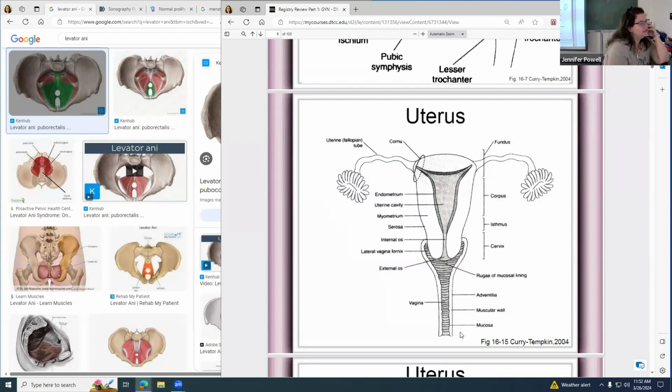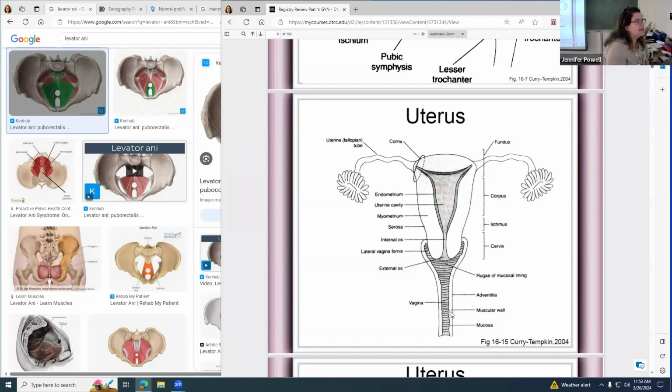So the parts of the vagina, the most inner part is the mucosa. Then you've got that lining. That inner lining is the mucosa, which makes sense because that's where mucus is made to provide lubrication. Then you've got that middle layer, which is the muscular wall, because it is a muscular tube.